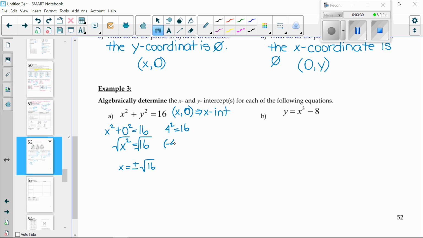If I square -4, it also gives me 16. So we can write our answer as plus minus the square root of 16, which gives us +4 and -4. So I can write that as plus minus 4. So the x-intercept is going to be -4 and 0 and +4 and 0.